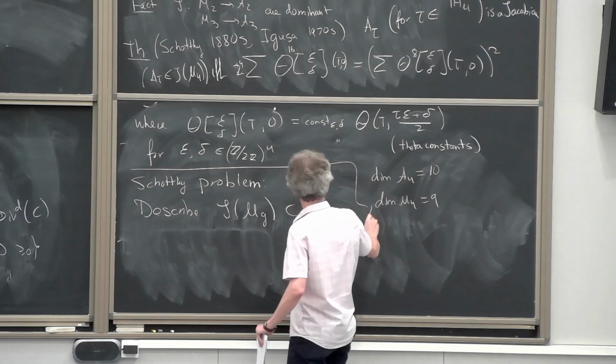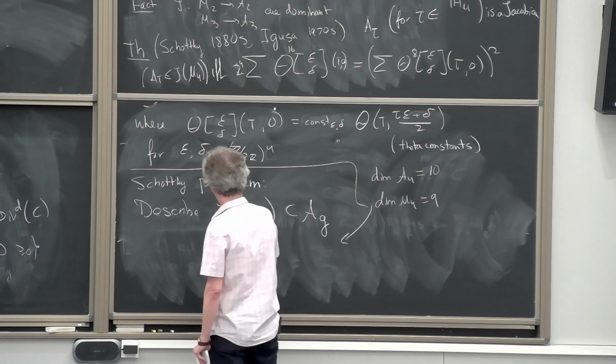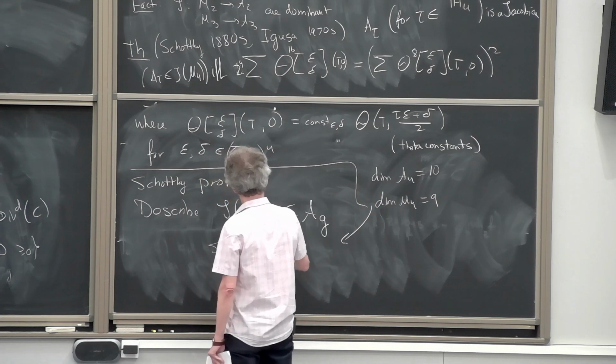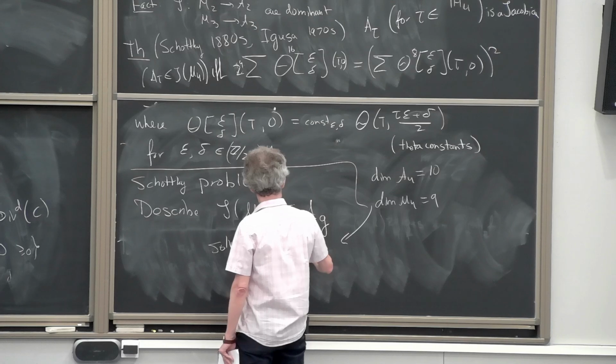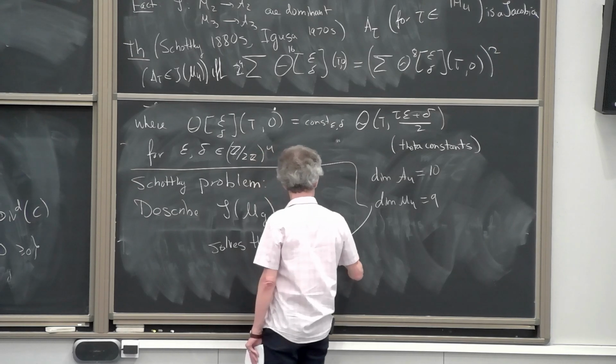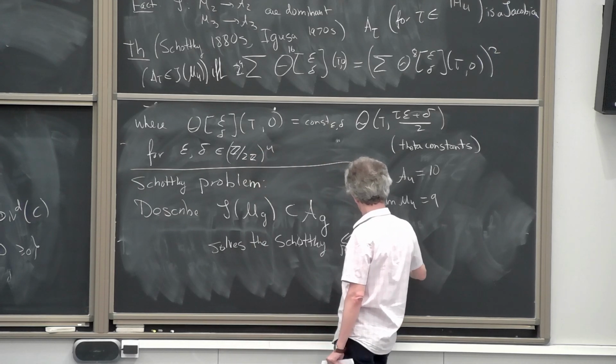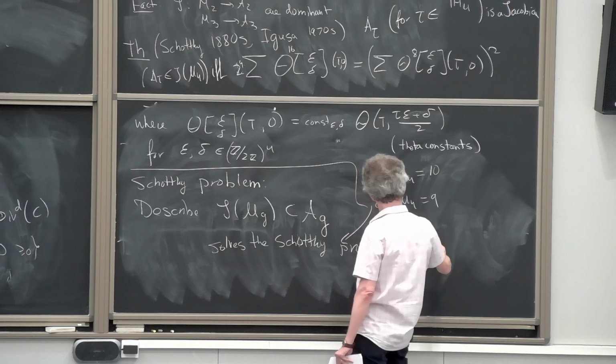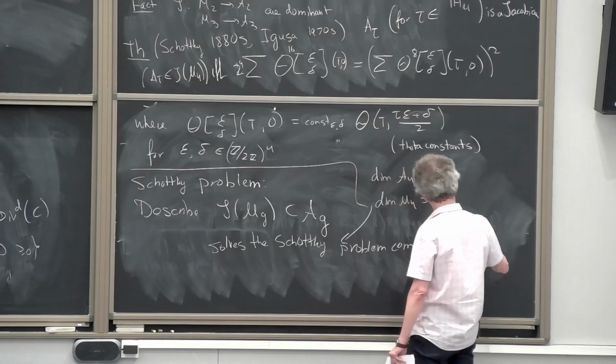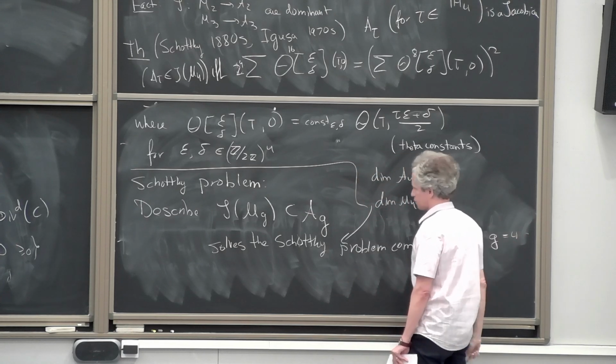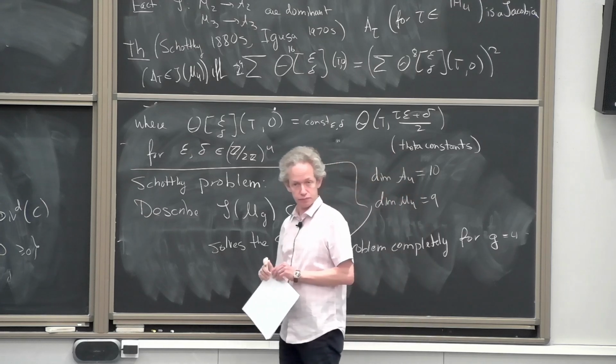And this solves the Schottky problem completely for g equal to 4. Okay? Yes?